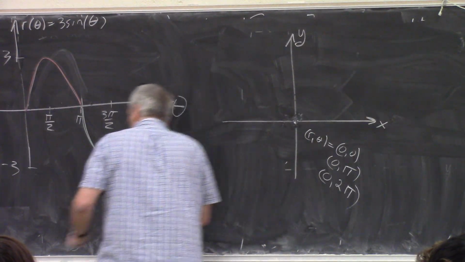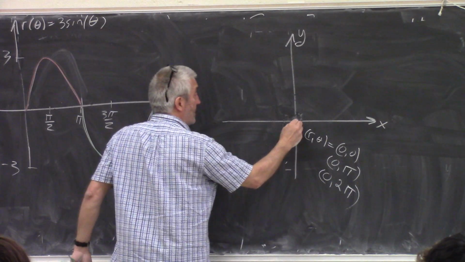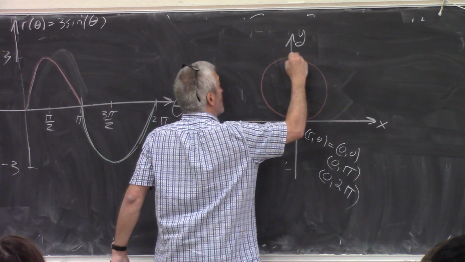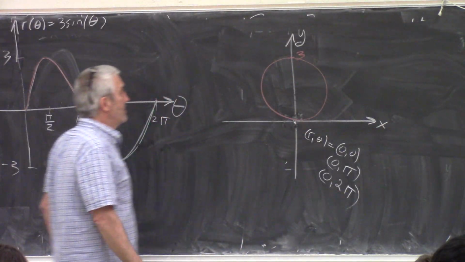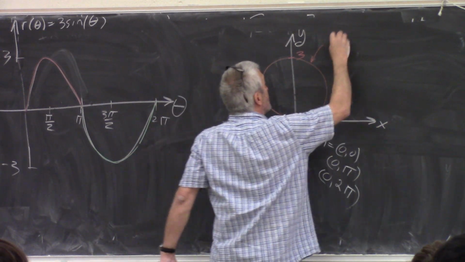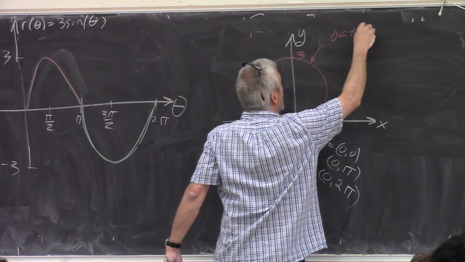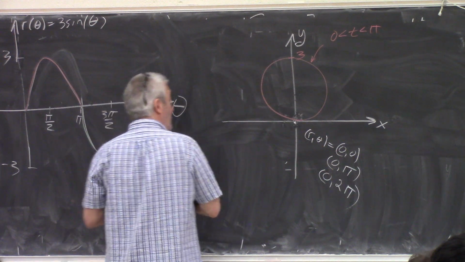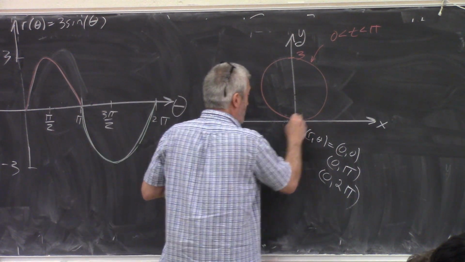So I'm going to plot that red part. I don't know how it looks exactly, but something like this. So this red part is 0 less than t less than pi. And when you're actually at 0 or at pi, you're at this point.